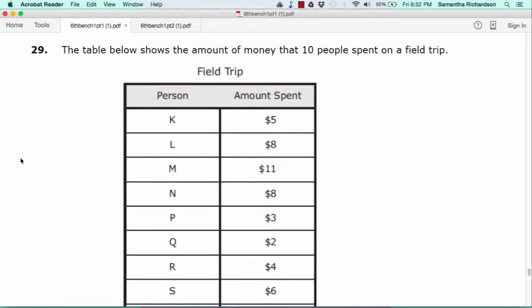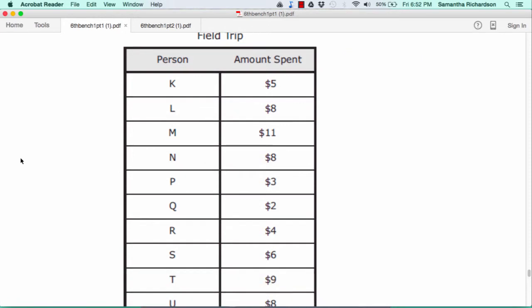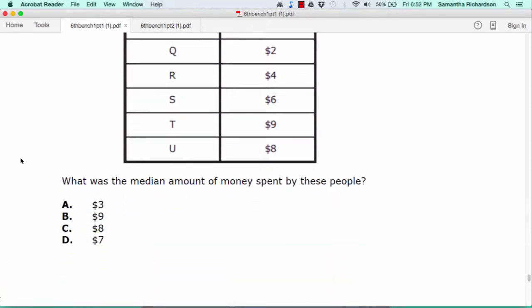Question 29. The table below shows the amount of money that 10 people spent on a field trip. What was the median amount of money spent by these people? A. $3. B. $9. C. $8. D. $7.